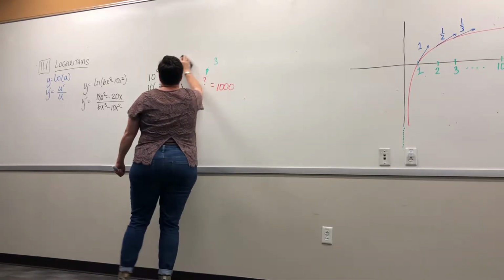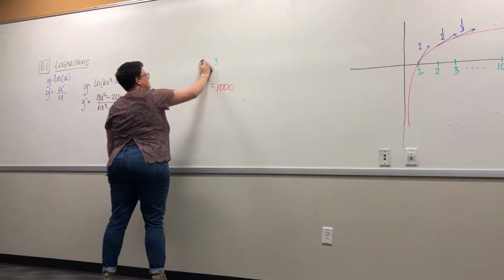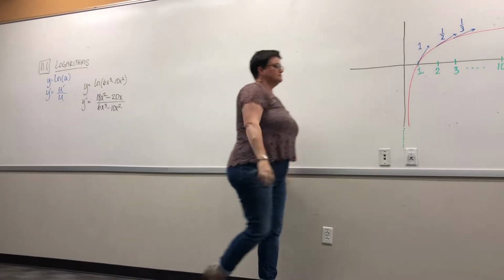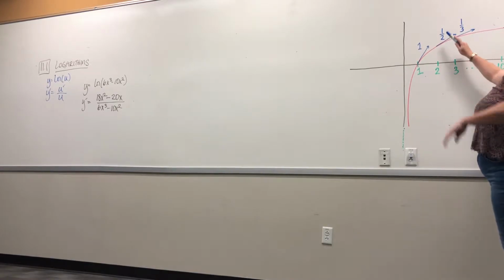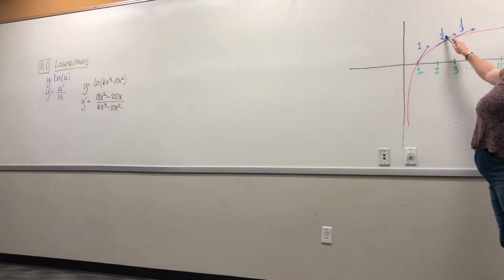Let's do another, shall we? And that's finding the derivative of a log. That's it. That's all we're doing. It's not bad, is it? Because that's what this is, x prime over x, right?